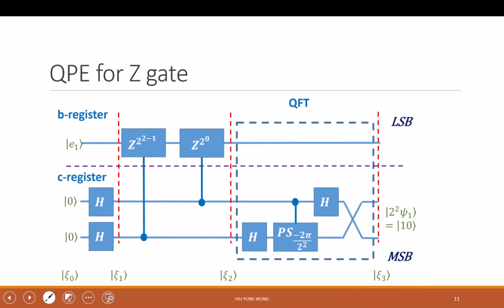We are not going to derive the circuit because we don't have enough time, but we will use this circuit later. But anyway, this is a quantum phase estimation circuit for Z gate.